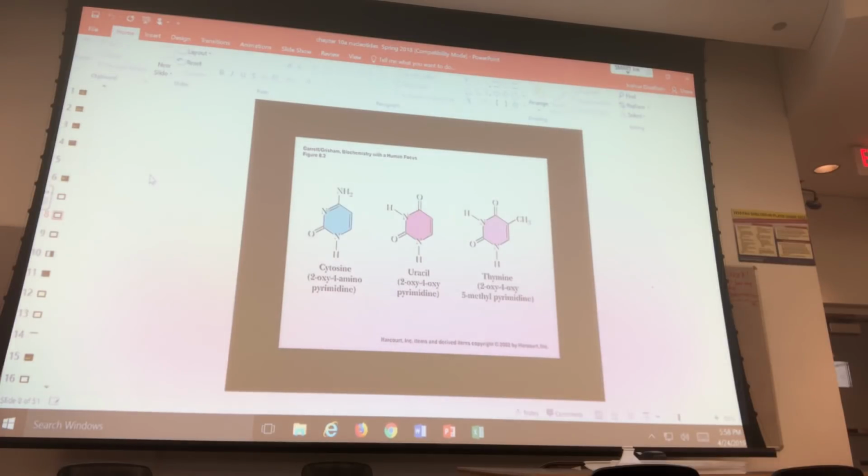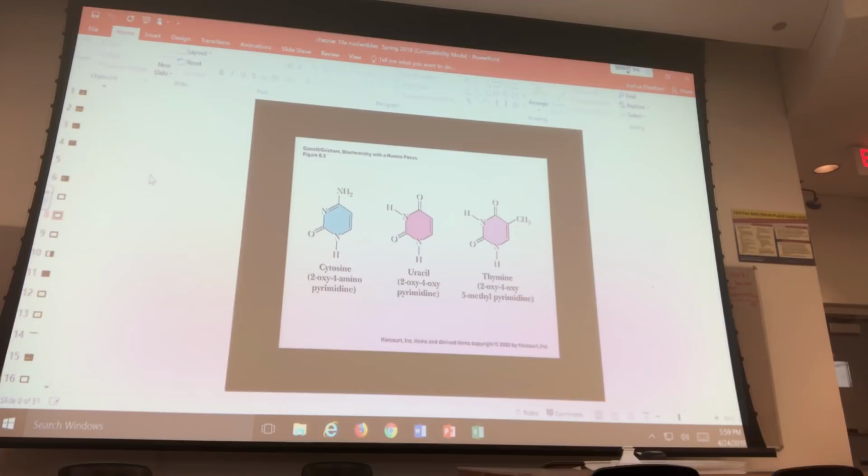We will begin with the structures of your nitrogenous bases. Okay, you need to know the structures of your nitrogenous bases. A lot of this probably sounds the most familiar because we just went over it like a couple weeks ago. So make sure you know what cytosine looks like, uracil, thymine, guanine, and adenine.